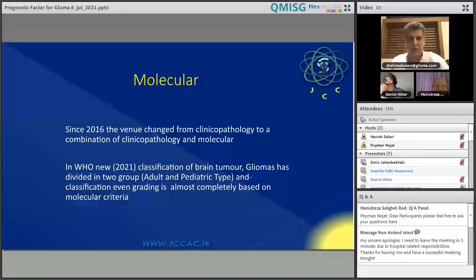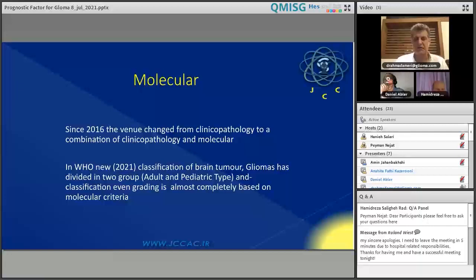But molecular is nowadays the principle of classification, since 2016, when it changed from clinical pathology to a combination of clinical pathology and molecular studies. In the new WHO 2021 classification, which came out 3 days ago, I think, brain tumors are divided into adult type and pediatric types.